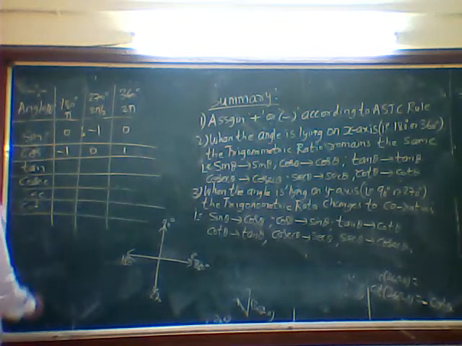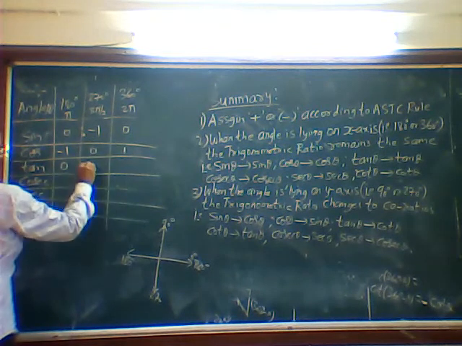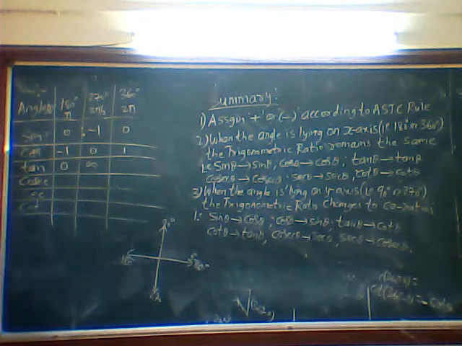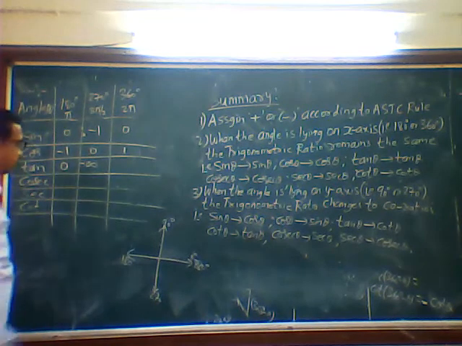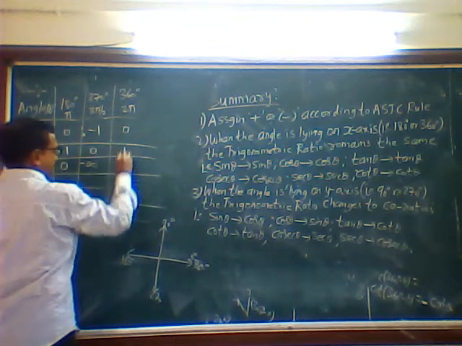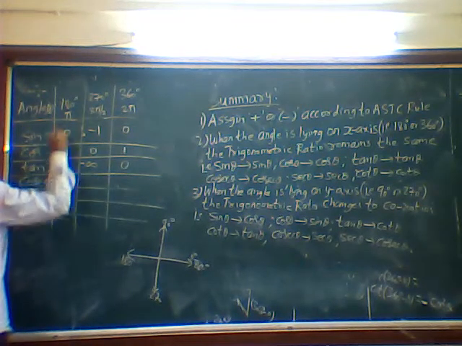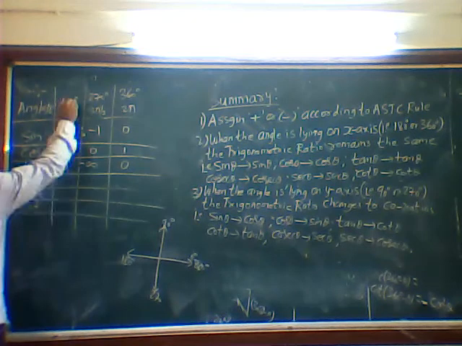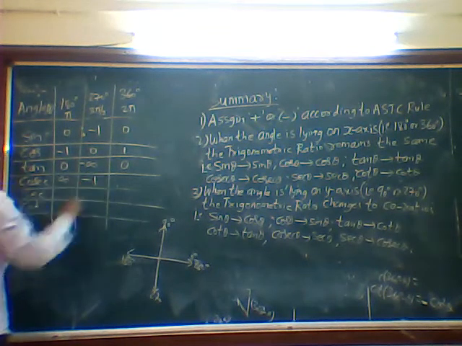Okay. Next, tan: 0 upon minus 1 is 0. Minus 1 upon 0 is what? Infinity. Anything divided by 0 is infinity. If you want, you can say minus infinity. Because 0 upon 1 is 0. Next, cosec 180 is 1 upon 0, which means infinity. 1 upon minus 1 is minus 1.